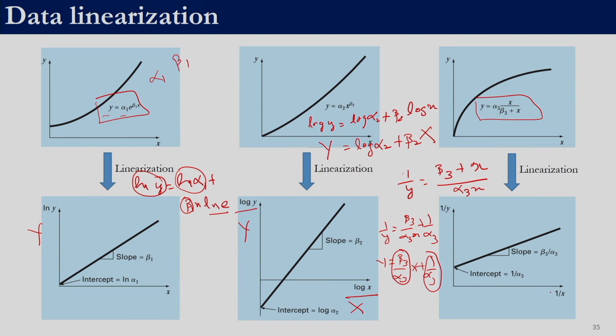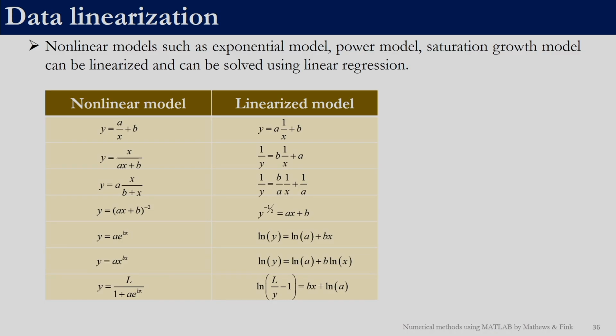So, here we are working with uppercase X and uppercase Y, where uppercase X is 1 by x and uppercase Y is 1 by y. So, this is one way wherein we can convert a nonlinear regression problem into a linear regression problem. Some of the other examples are given over here. These are taken from Matthews and Fink.